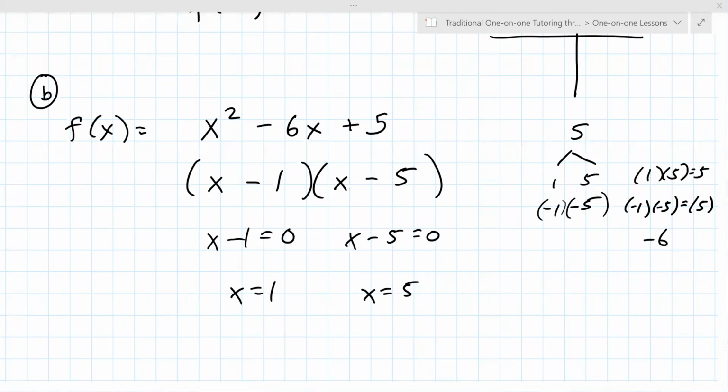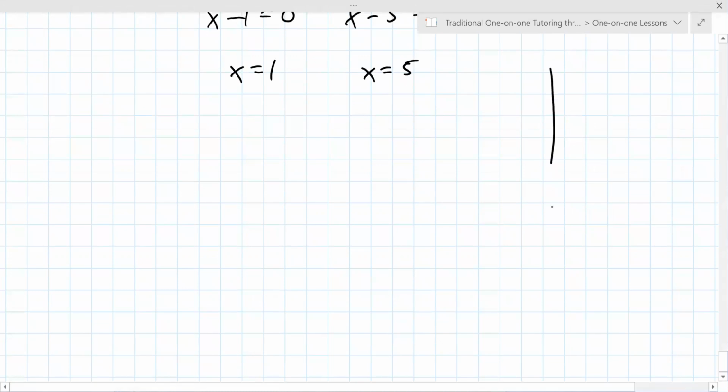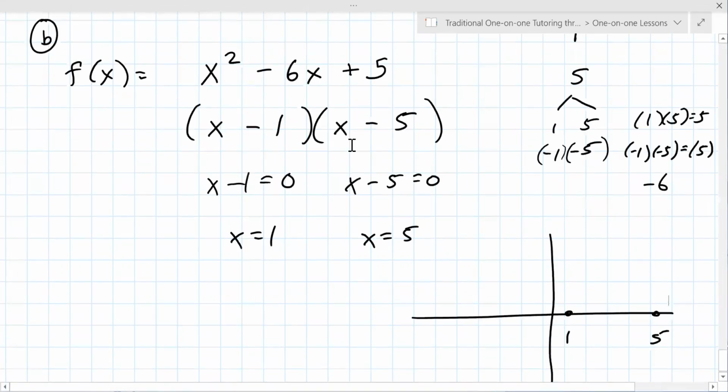Okay, so you'd have it on the graph. Yeah, now we can go to the graph. +1 and +5. But sorry to ask again: -1 and -5 inside the parentheses, but then it goes positive when it's outside of the parentheses. Is it just because there were two negatives? You're talking about this line here, right?